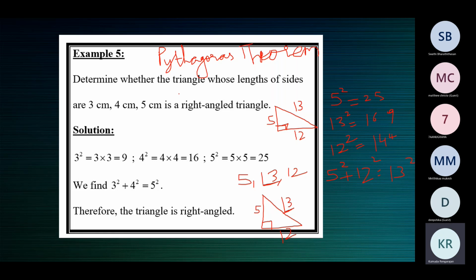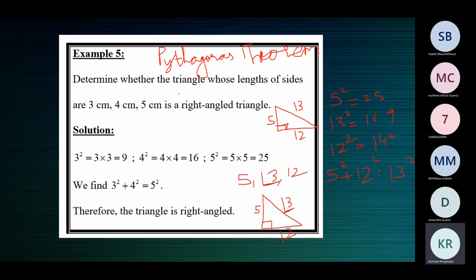Okay, Swati, tell me. Yes, ma'am. Pythagoras theorem. In a right-angled triangle, the square of the hypotenuse is equal to the sum of the squares of other two sides. Very good, child.